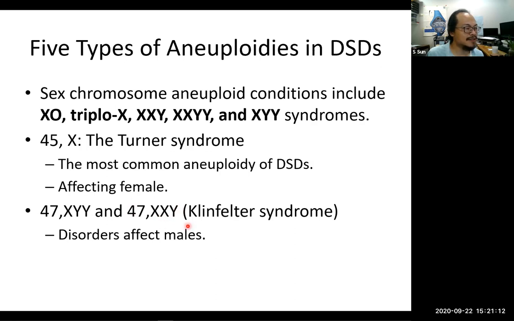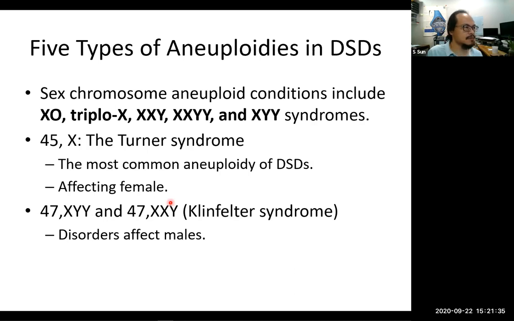This 47XXY is also called Klinefelter syndrome. These two affect males. They contain the Y, they have the SRY gene, but they have either too many Y or too many X.